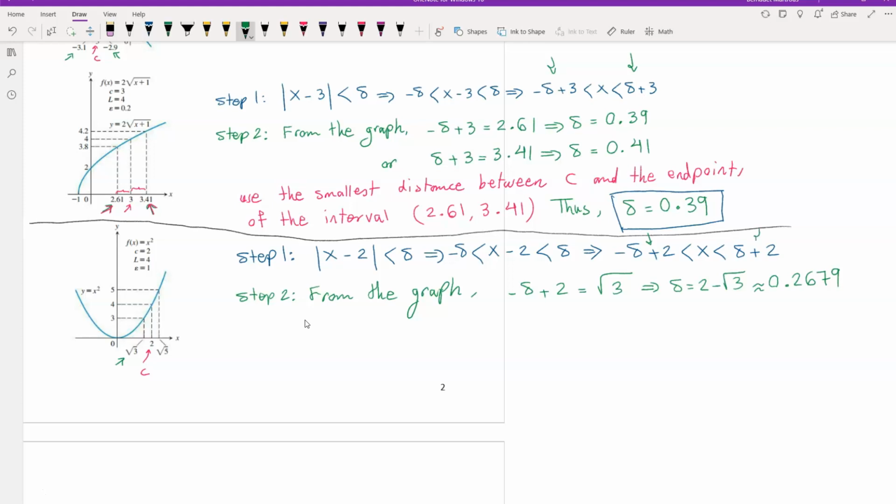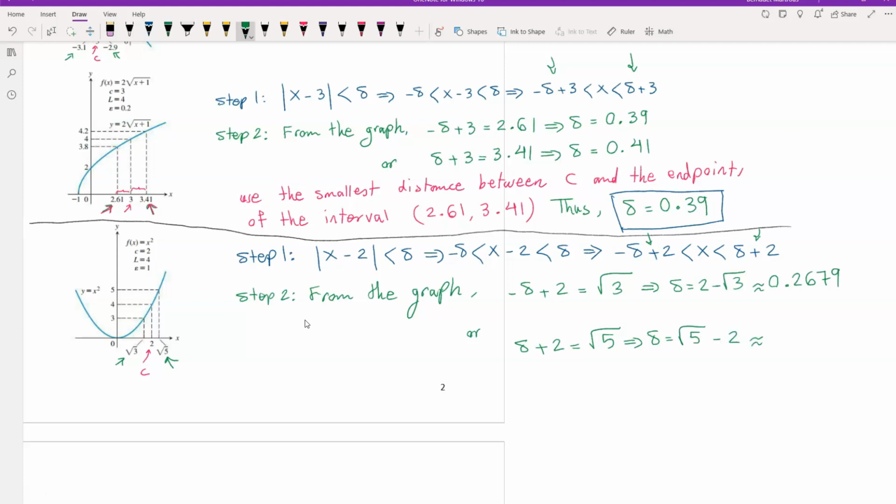And here what we have on the right side, delta plus 2, is equal to square root of 5. This implies delta is equal to square root of 5 minus 2.